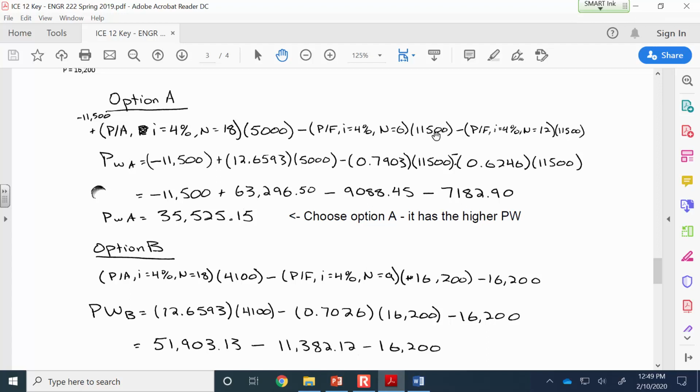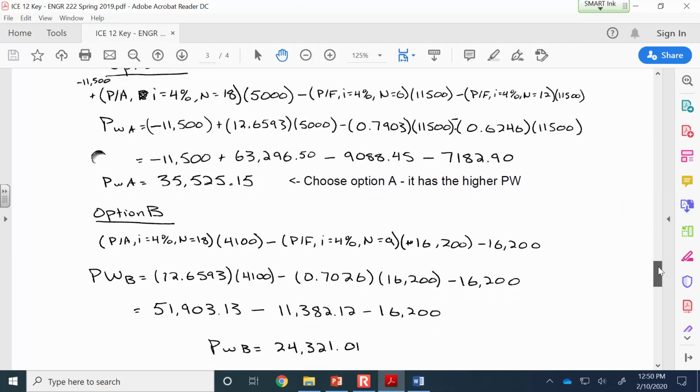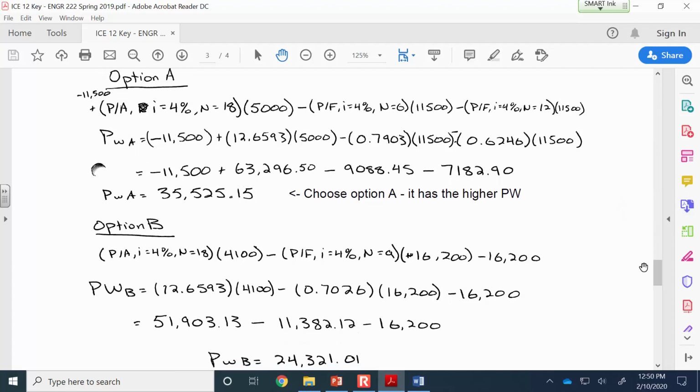And so we treat those like future amounts. So when you multiply the amounts by their respective factors, we get that the positive present value of option A is $35,525 in comparison to option B, which is going to be less. So we have the annual revenues, the future amounts, and the present value will just be $24,321.